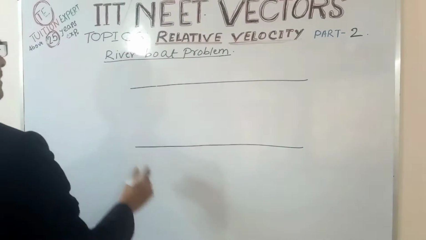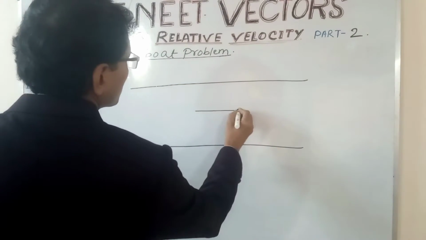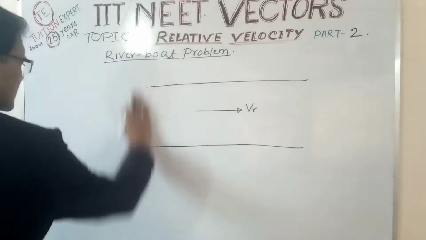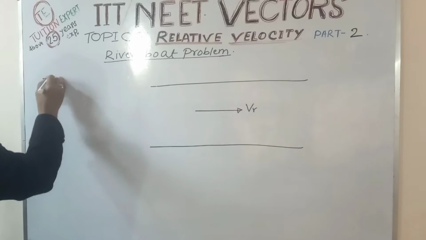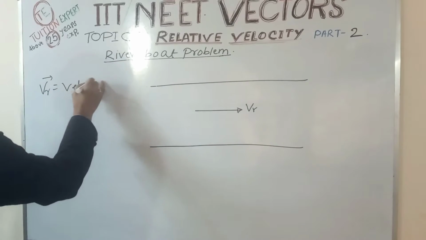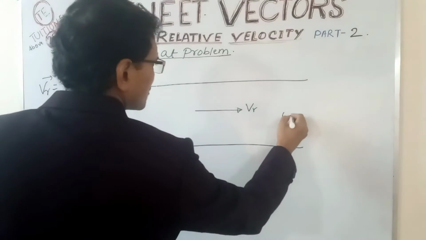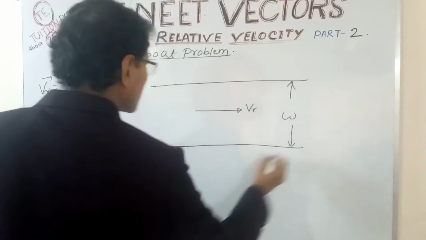Suppose this is a river, the velocity of river is here, equal to velocity of river. W is the width of the river.